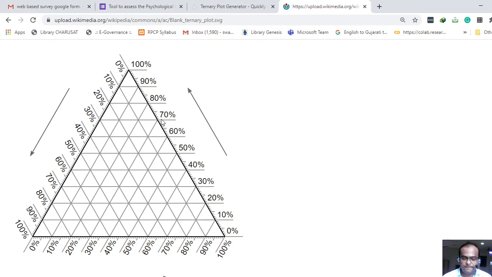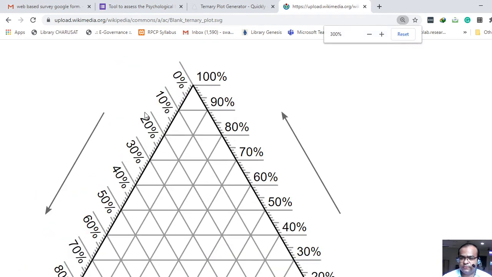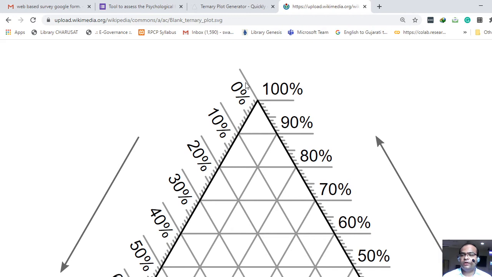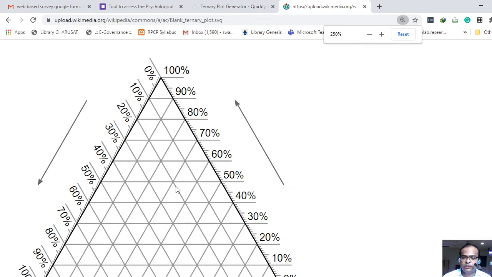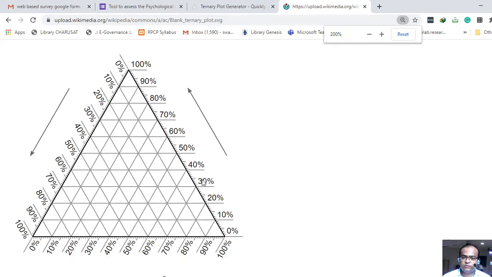So let's say, just zoom in. Suppose one of the components here is represented at this line, meaning it is 100%. Suppose I put my point here, then this point represents the concentration of exactly the opposite component, whatever is opposite to this particular line.